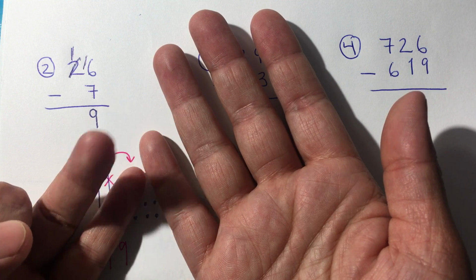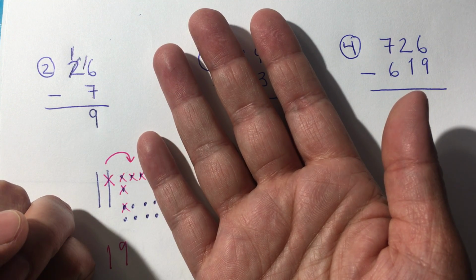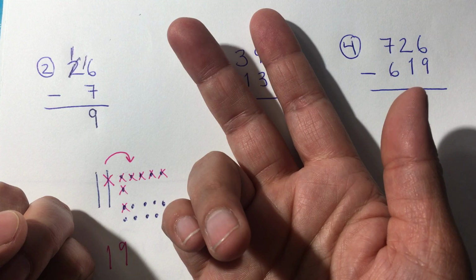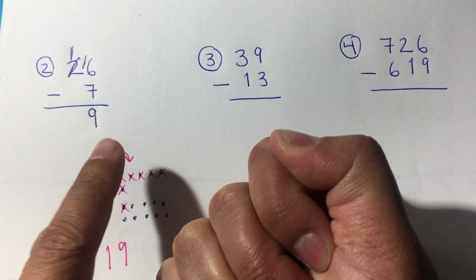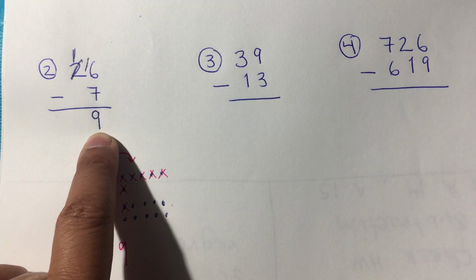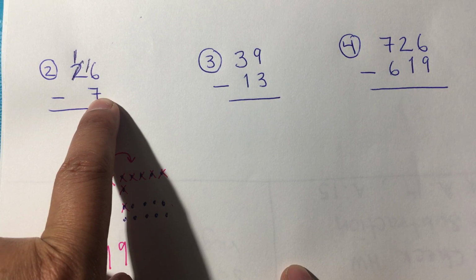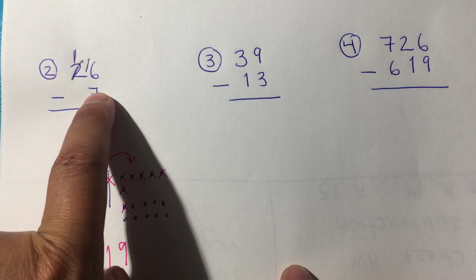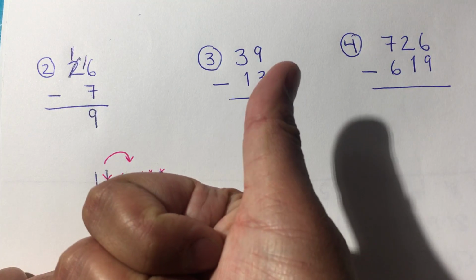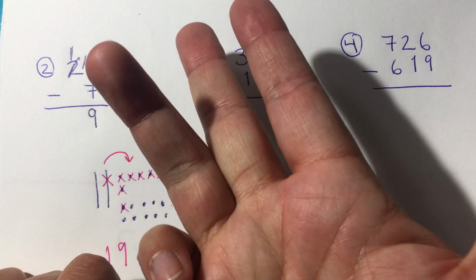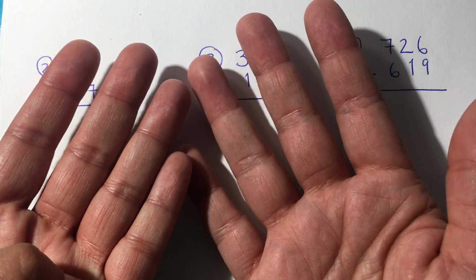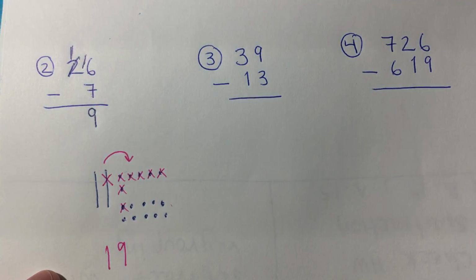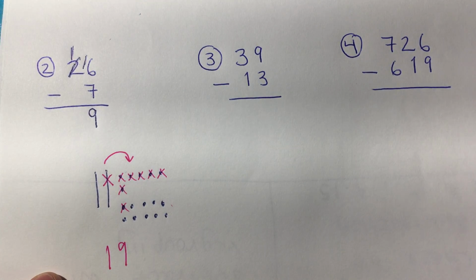So 16, 15, 14, 13, 12, 11, 10, 9. You get to the same answer either counting backwards 7 times or counting up from 7. And you have 9. Whichever you prefer, that's fine.